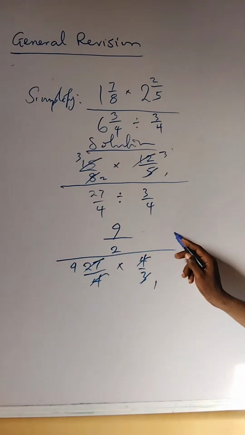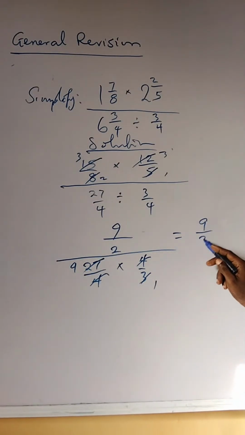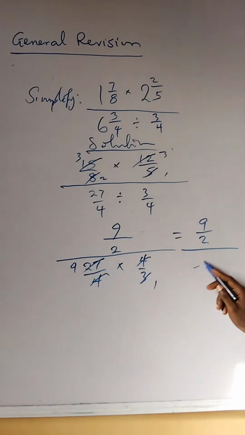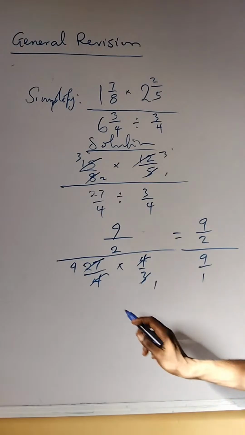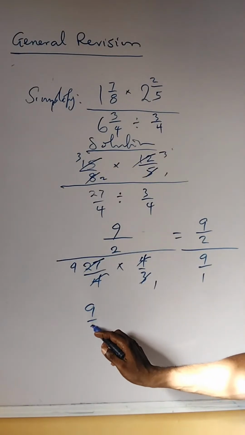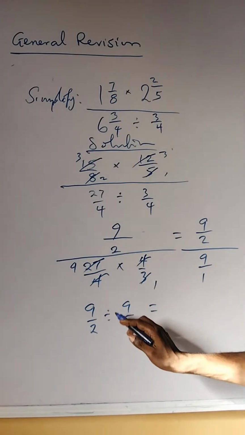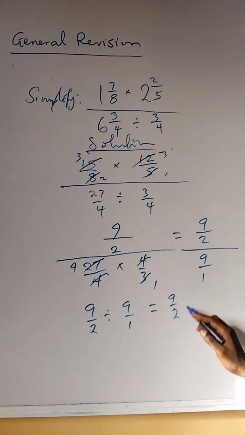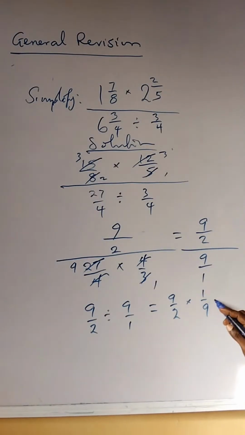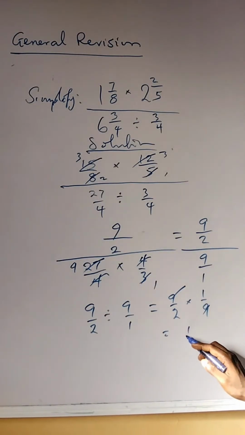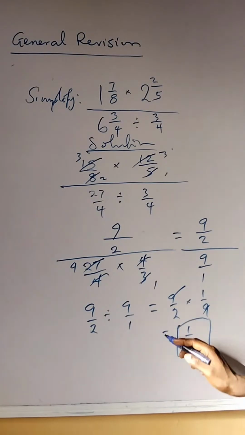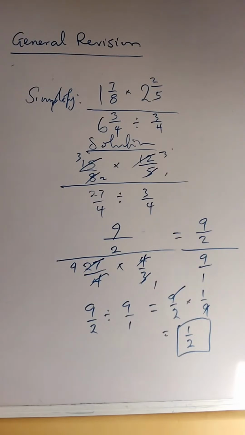So this fraction becomes 9 over 2 divided by 9 over 1. Also, we change this to multiplication. We have 9 over 2 times 1 over 9. Also, the 9s cancel each other, and this becomes 1 over 2. So here we have this as the solution to that fractional problem.